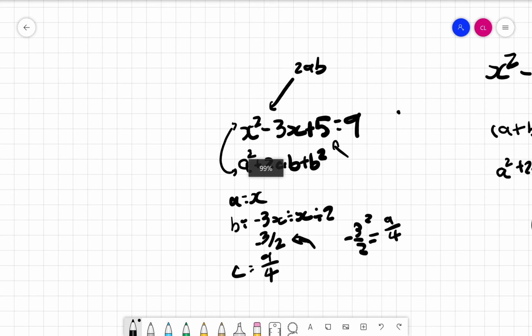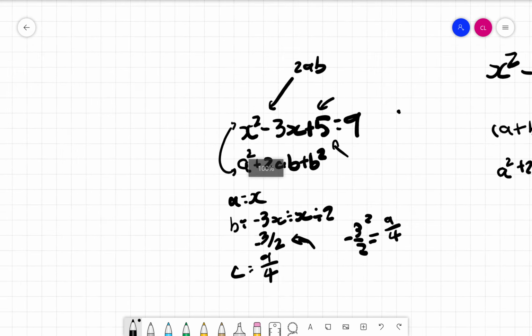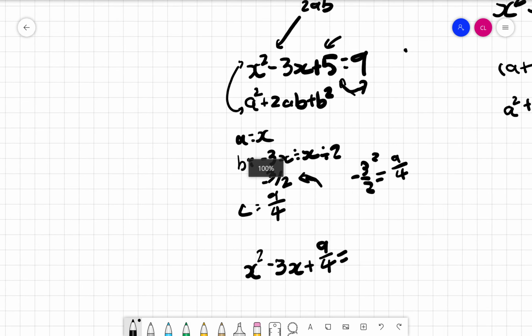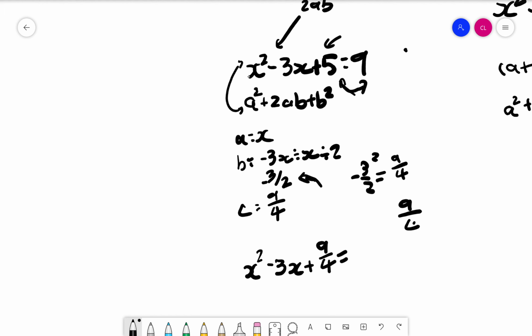But obviously there's a 5 there, we can't just magically make it disappear. So essentially we first write it as x squared minus 3x plus 9 over 4. And then we need to remove whatever's left of that 5 to the other side. So 9 over 4 is the same as 2 1 over 4, right?